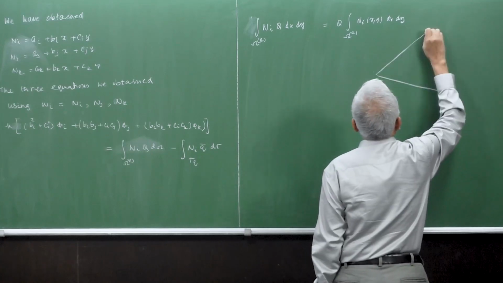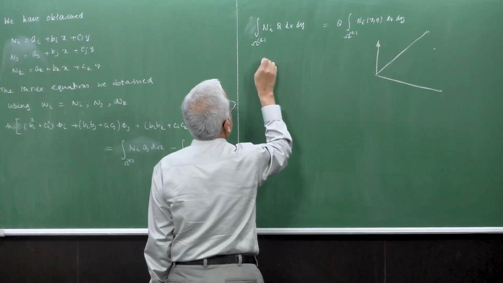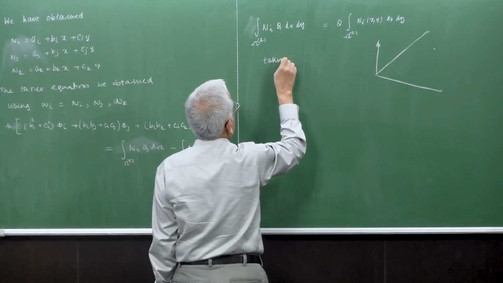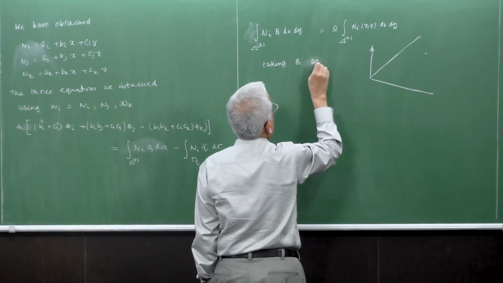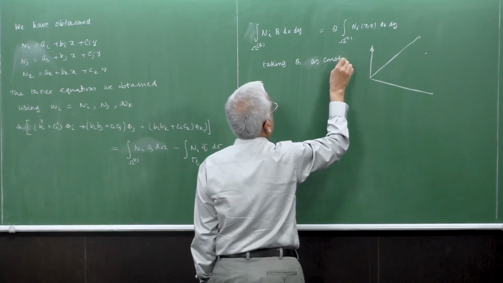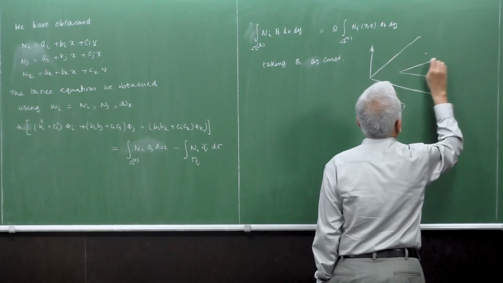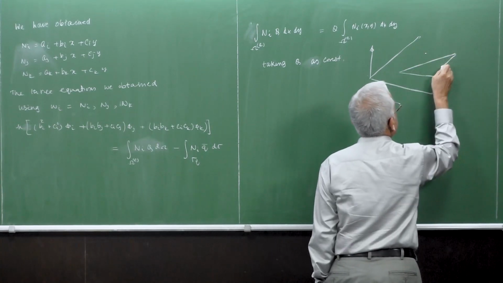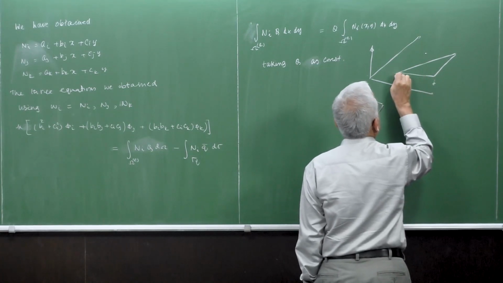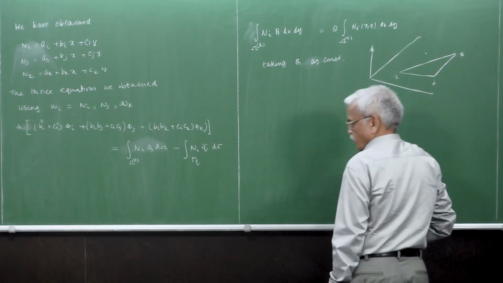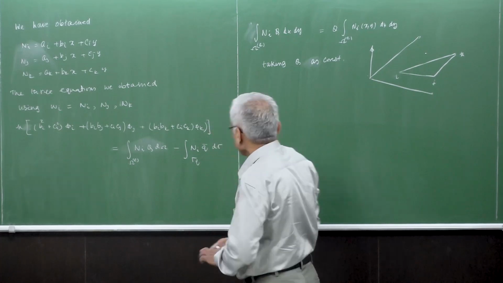So let's look at the variation of Ni, taking Q as constant. These are the i, j, k nodes, and let's look at what Ni looks like.